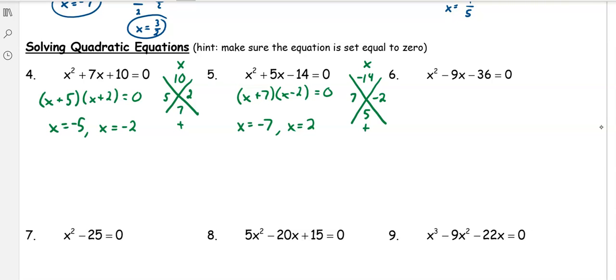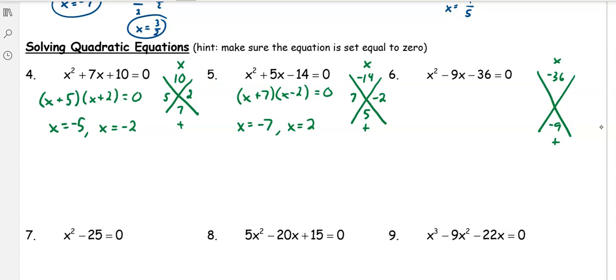In number 6, we have x squared minus 9x minus 36 equals 0. We want two numbers that multiply to -36 and add to -9. Two numbers that multiply to 36 are 6 and 6, but I can't get that to multiply with different signs and add to -9 because it would add to 0.